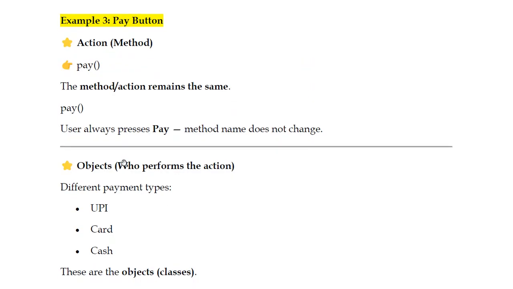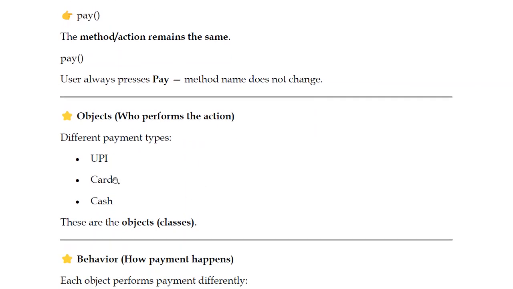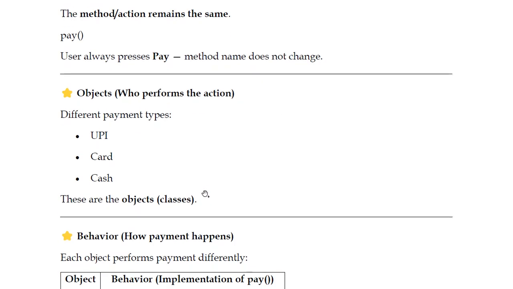I would like to pay. This is the task. We are going to pay. The action or method name remains the same. But what changes is, while I'm pressing the pay button, whether you pay your EMI, your recharge or a bill, the name is the common pay, but it depends upon the object.